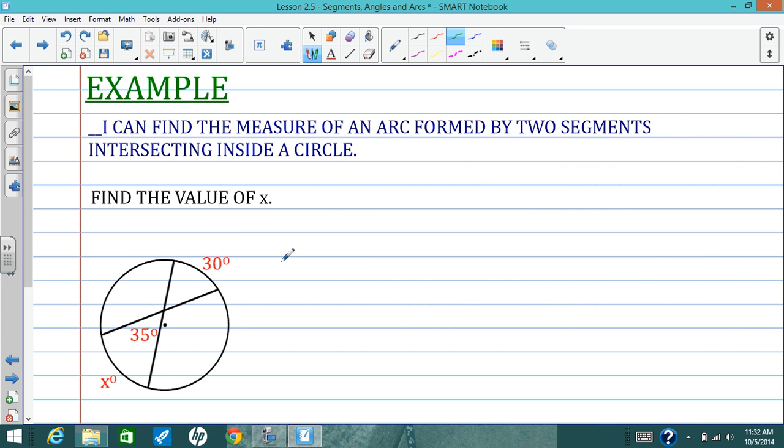Pause the video again and use that formula and find the value of x. This time we're looking for the measure of one of the arcs. So we start, as always, with our formula. And we'll plug in what we know. We know that the angle is 35 degrees. We're looking for one of the arcs. I'll just say we're looking for arc 1.